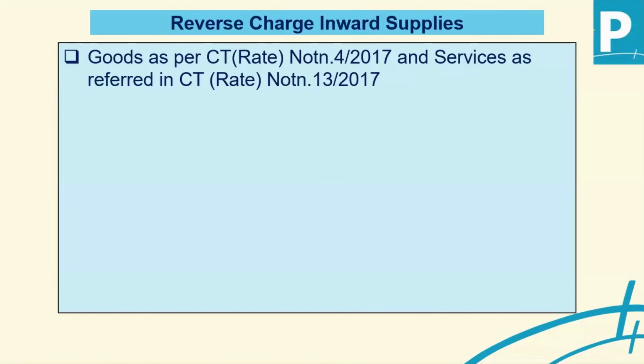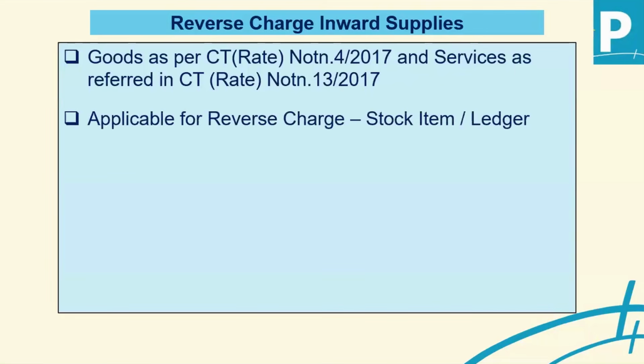The seller will not levy any tax. Similarly, the consumer of the particular services listed in 13/2017. So those services, for example, the GTA services, legal services, and so many other security services, so many services listed down in the notification, we have to pay as a reverse charge mechanism.